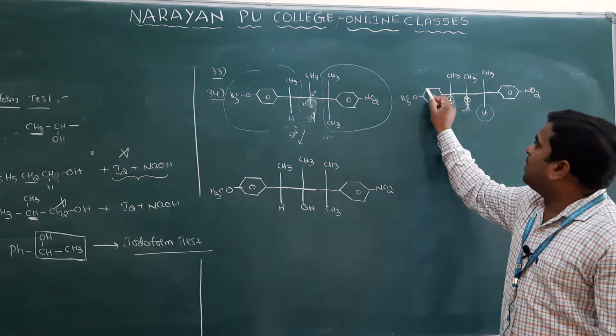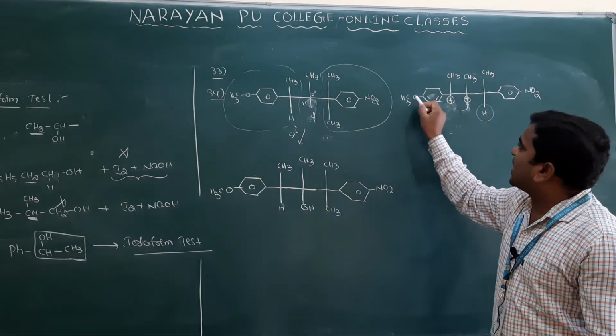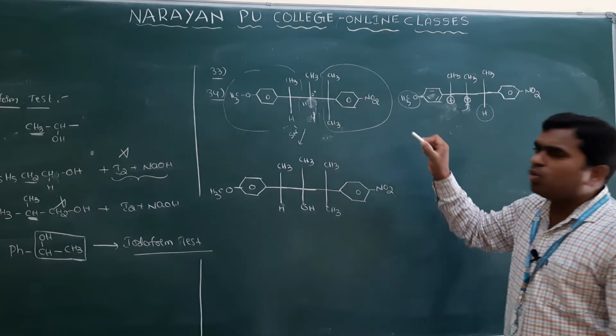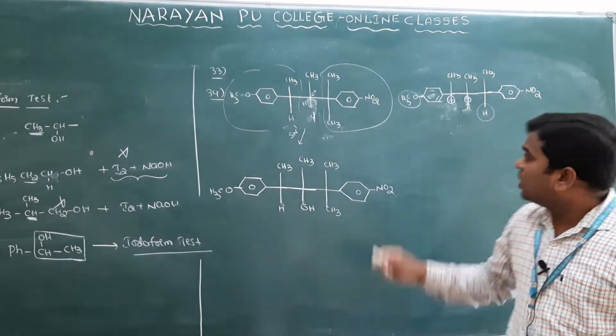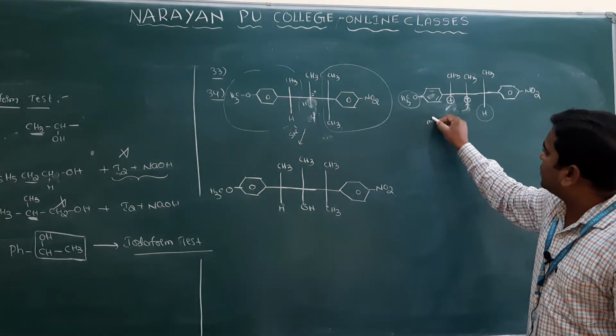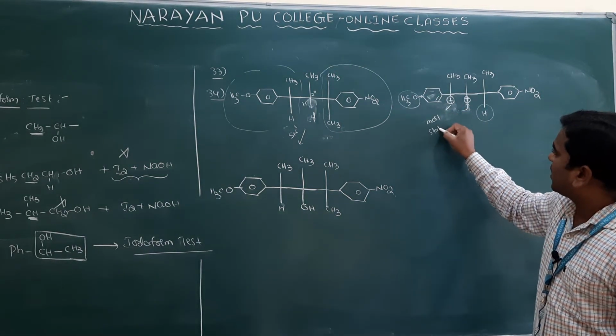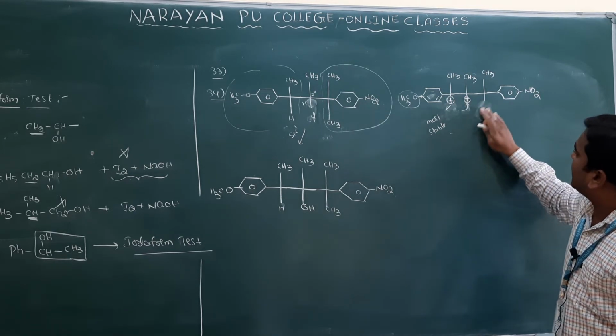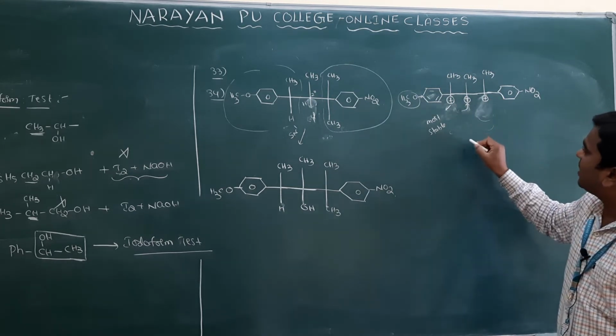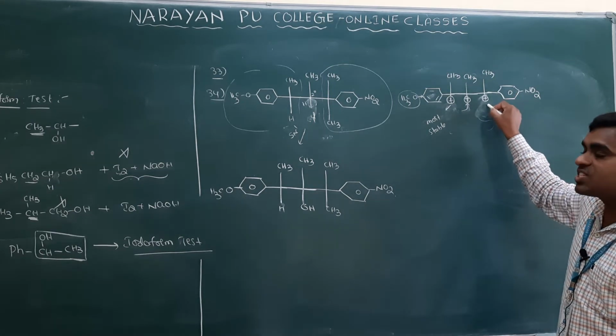You see here the benzene ring, and electron donating groups. Electron donating groups increase the stability of a carbocation. So this carbocation is most stable. Clear? This is one. Suppose this hydrogen is involved in the rearrangement, then where will the carbocation form? Here. Is this carbocation stable or unstable?